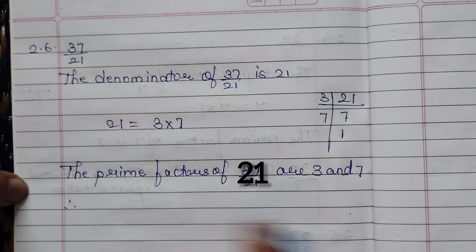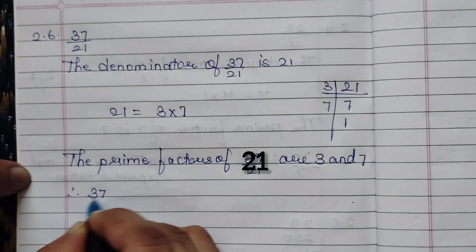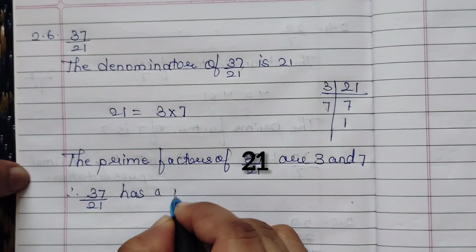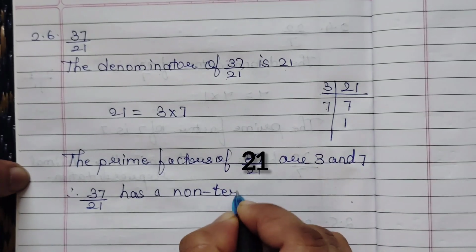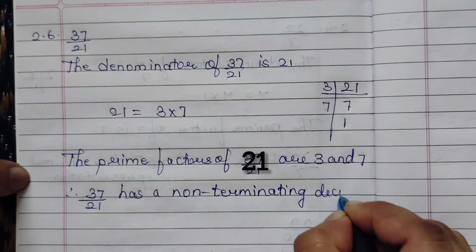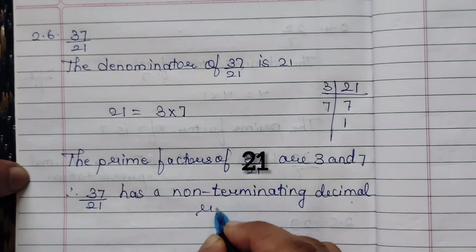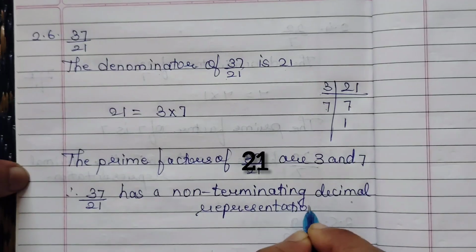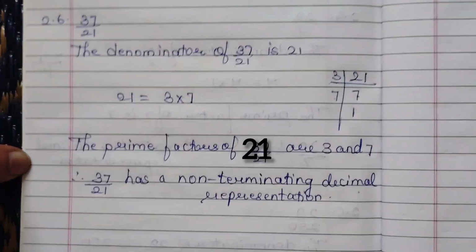Therefore 37 upon 21 has a non-terminating decimal representation.